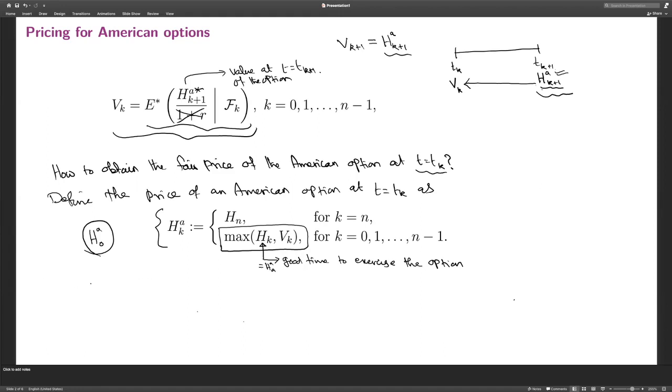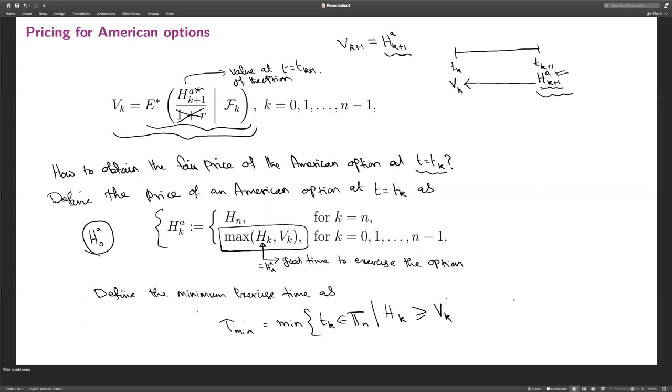So we will define the minimum exercise time as τ_min equal to the minimum of the times in the time partition such that H_k, that is the payoff at that time, is greater than or equal to the value V_k of the replicative portfolio.